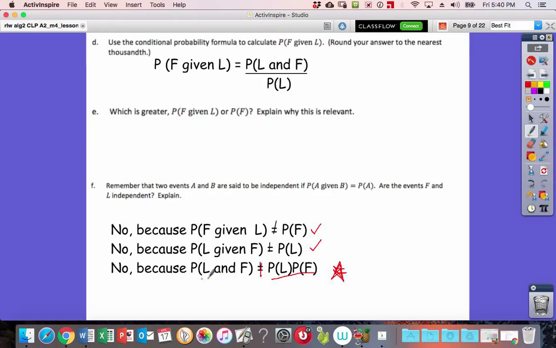These two guys are independent if and only if the probability of L and F equals the probability of L times the probability of F. That might be a little bit easier to use than some of these up here, depending on what information you're given.